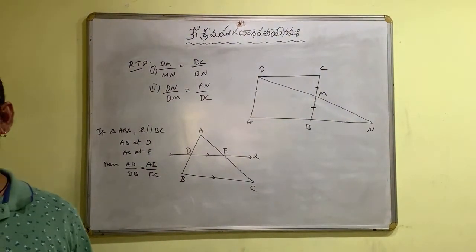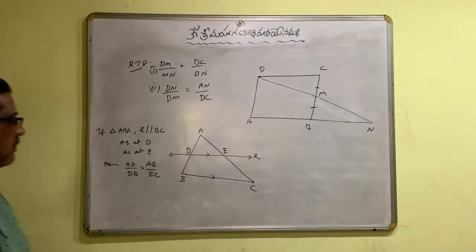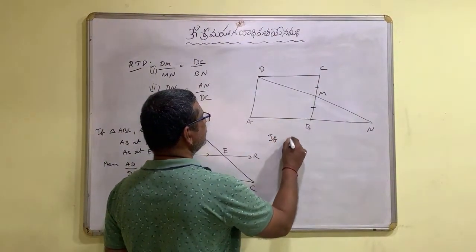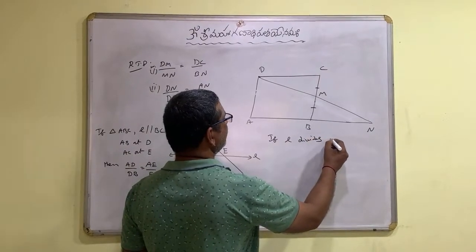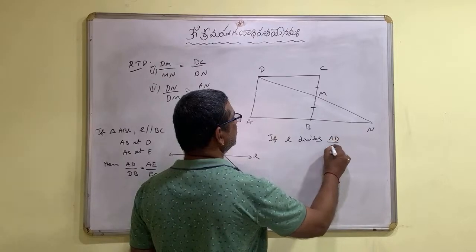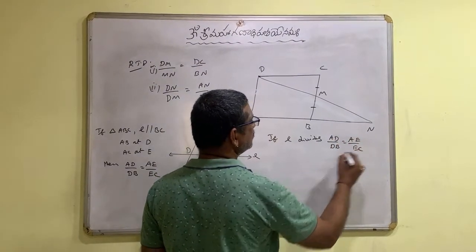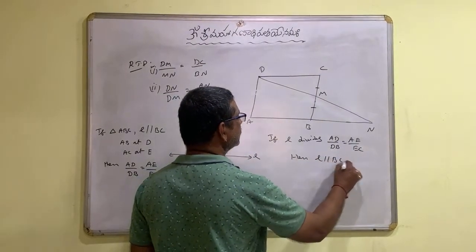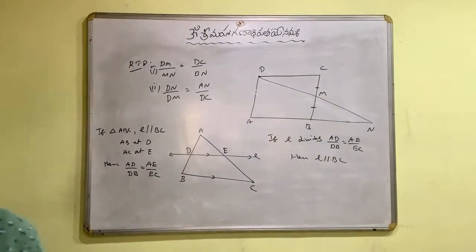And what is the converse of basic proportionality theorem? If a line L divides two sides of the triangle in the same ratio, then it is parallel to the third side. This is what the converse of basic proportionality theorem says.